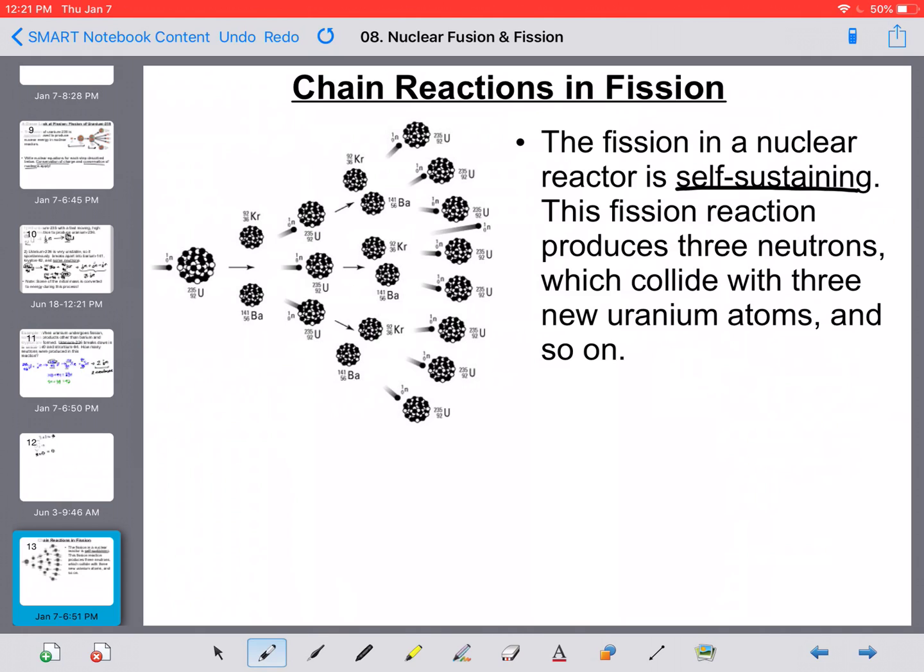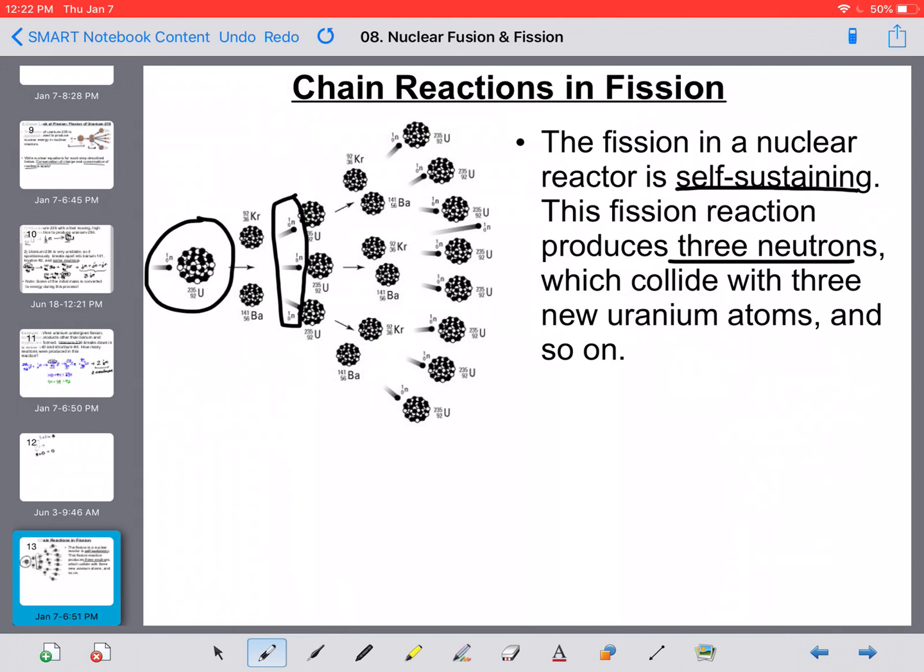So what happens in a fission reactor is that each fission reaction produces 3 neutrons. Those neutrons collide with new uranium atoms, which produces 3 more neutrons, which can then go collide with more uranium atoms and so on. So if I get the process started here by hitting a uranium atom with 1 neutron, that will create, for example, krypton and barium, but it will also make 3 new neutrons.